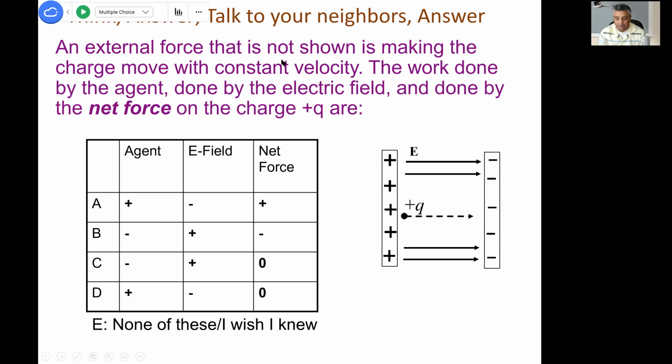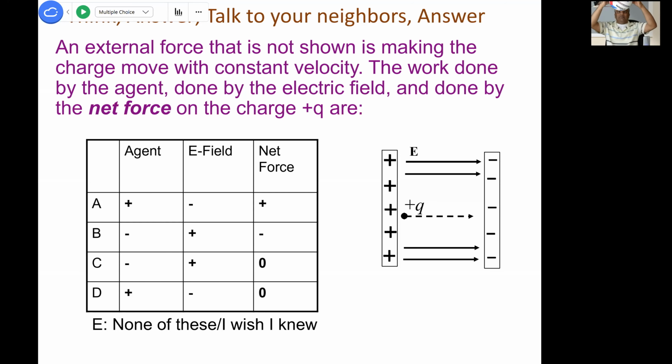So the external force is not shown here. It is making the charge move with constant velocity. Think of a gravitational field: if there is no external force, if there is no hand there, what happens? The field makes it accelerate.